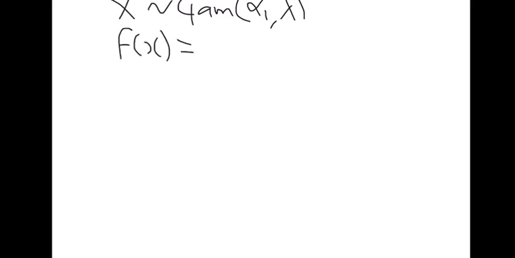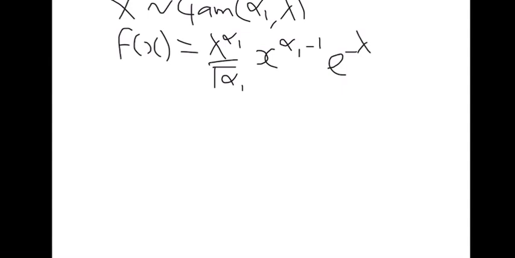We need to write that out. It is lambda raised to power alpha 1, over gamma alpha 1, then x raised to power alpha 1 minus 1, exponential raised to power minus lambda x. That is f of x.